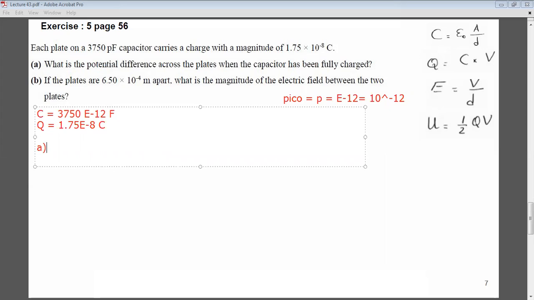The potential difference, that is V. What is V? Okay, so V is potential difference.